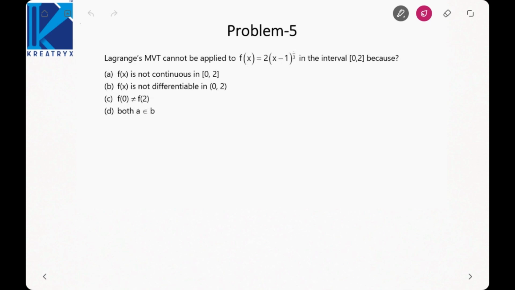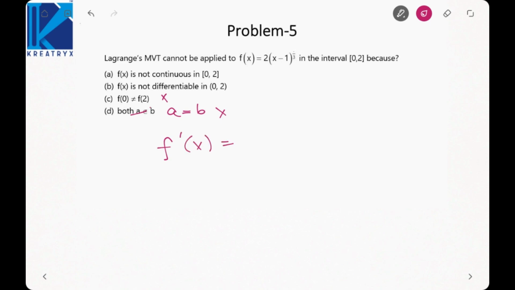Is it fine? Next is both A belongs to B. Actually, this should be A equal to B. Something like that. Okay, this is also incorrect. Now, first let us talk about the derivative of this function. What will be f dash x?